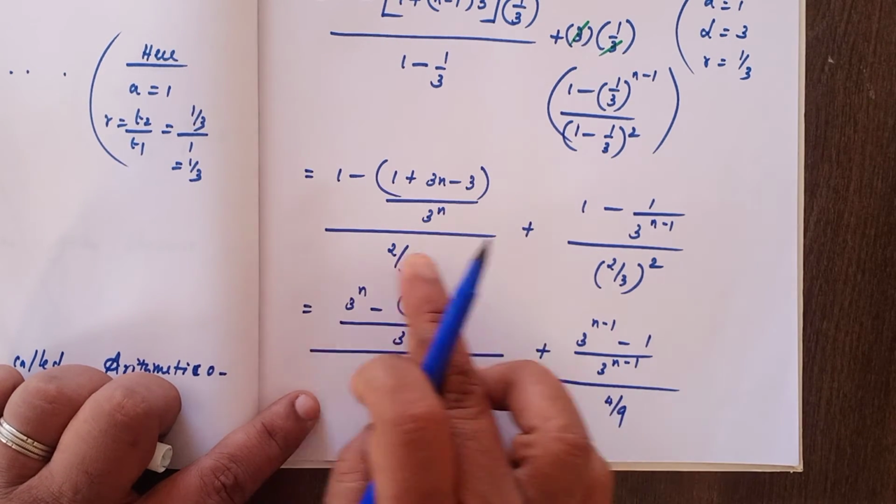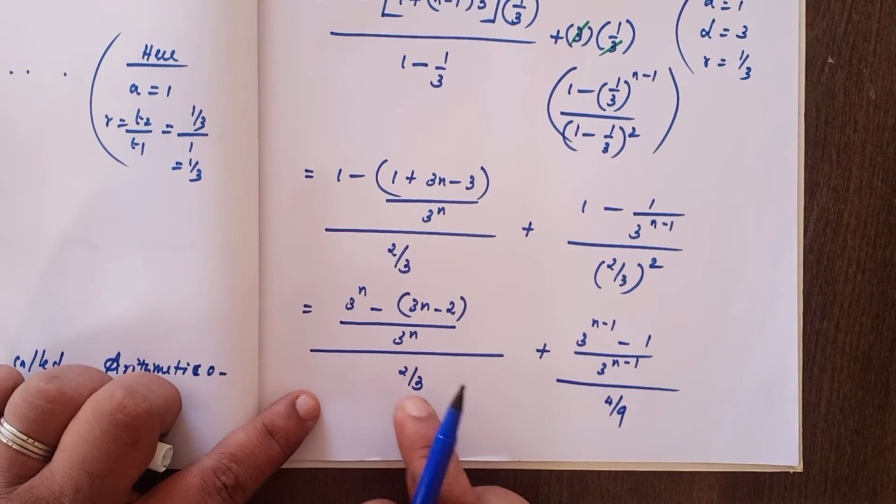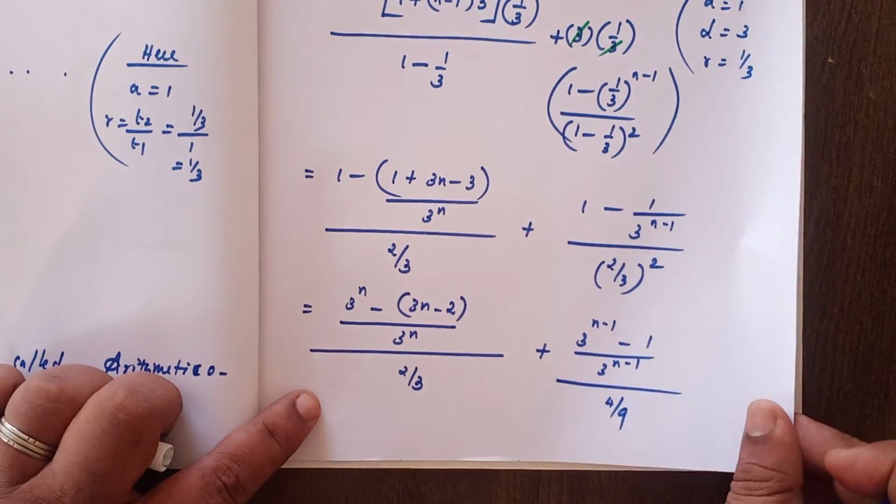Write the numerator as it is and division becomes multiplication. The reciprocal of 2 by 3 is 3 by 2.